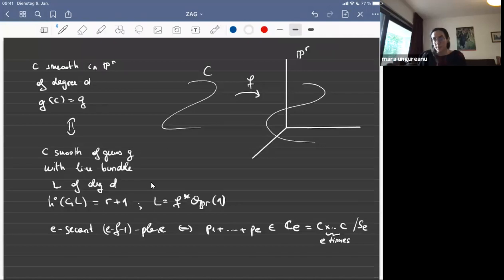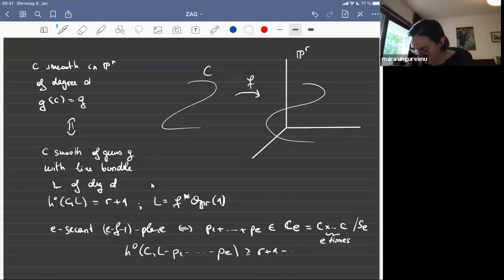And now I claim that this e-secant (e minus f minus 1)-plane is the same as a divisor in the symmetric product with the following property, namely that this dimension here, h^0(L minus D), is at least r plus 1 minus e plus f.